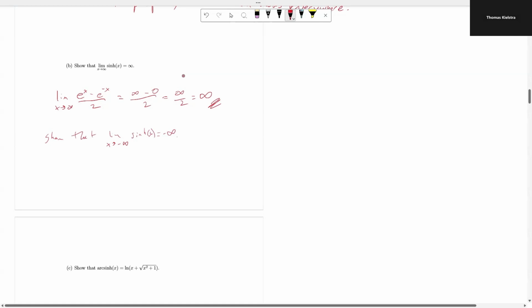Here, the limit as x goes to minus infinity of e to the x minus e to the minus x over 2 equals e to the minus infinity minus e to the infinity over 2, which equals 0 minus infinity over 2, which equals minus infinity.